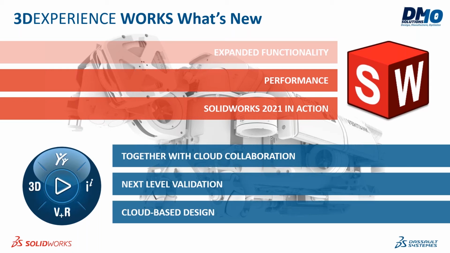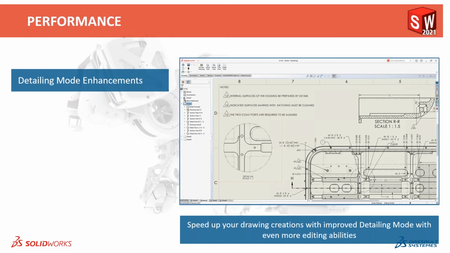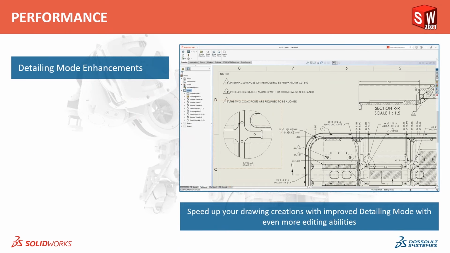But these features don't impact every SOLIDWORKS user, not like SOLIDWORKS's performance improvements. SOLIDWORKS has really focused on improving the performance of their software this year, ensuring that more of your time is spent on the design. So going through some key features here.